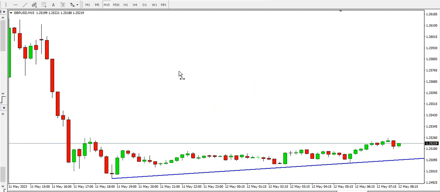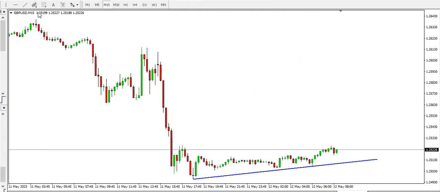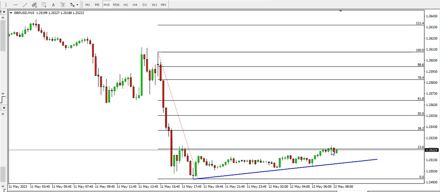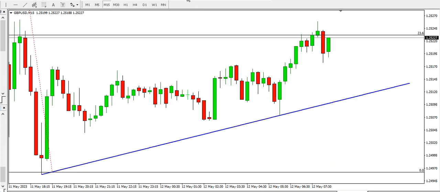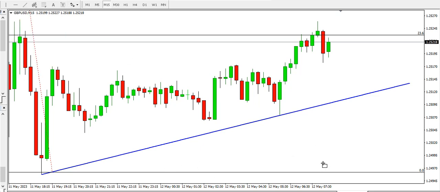The 15-minute time frame shows retracement of the last down leg, and price has retraced to the 23.6 Fibonacci retracement level. So price might need to get to this particular area for structure to be broken.